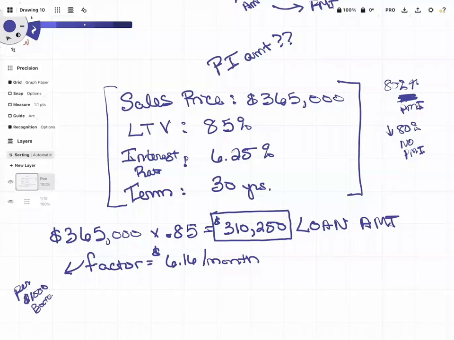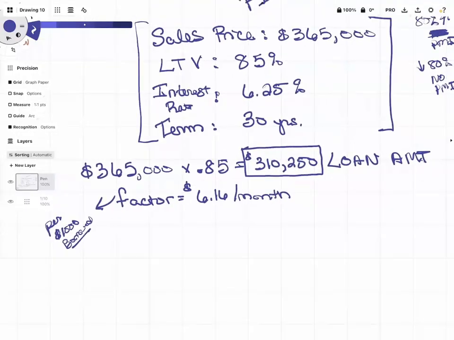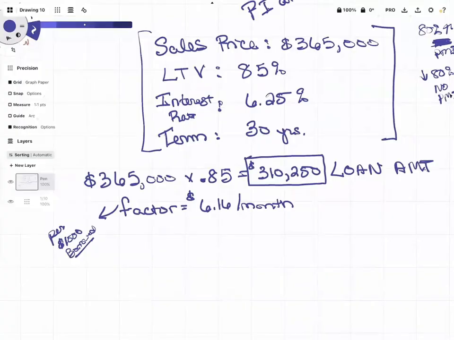So what should I do to figure out what this monthly payment's going to be? We would multiply the 6.16 by 310. What we're going to do is divide by 1,000, so it's going to be 310.25.